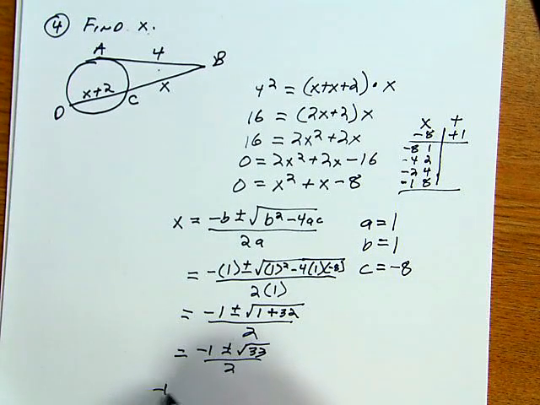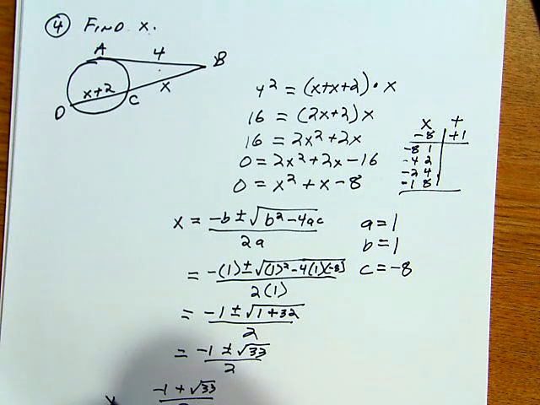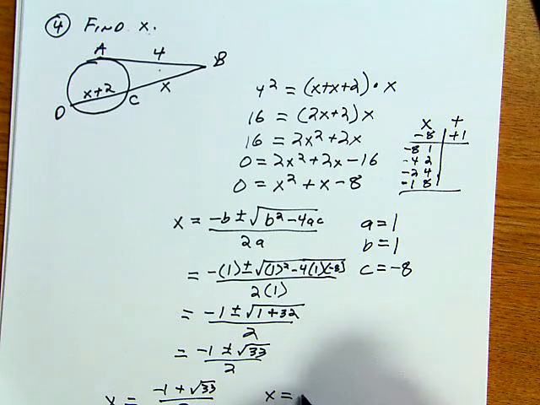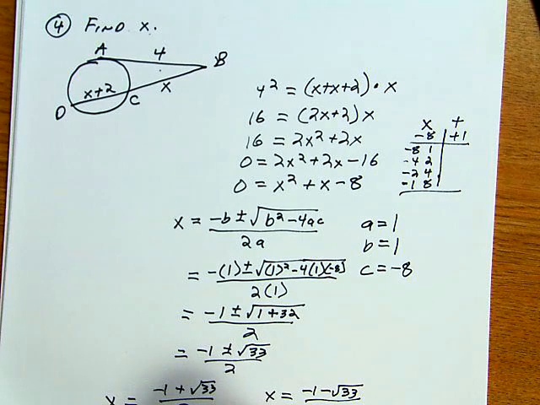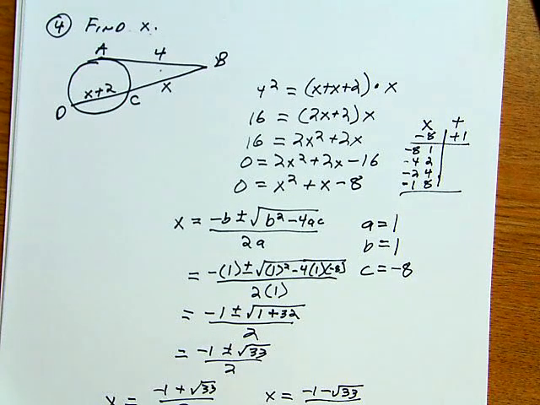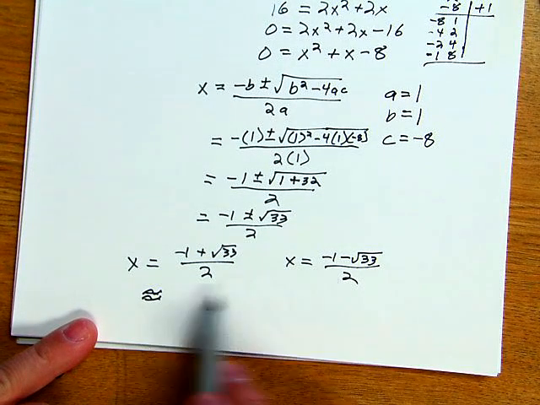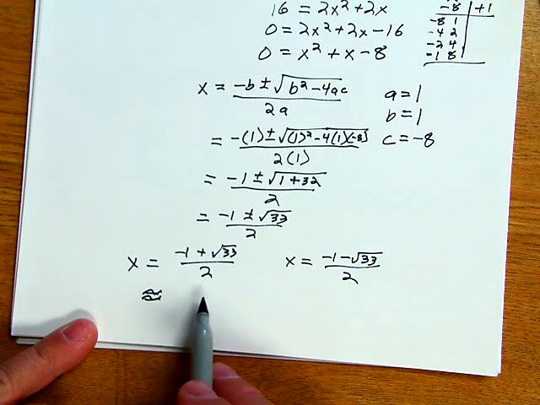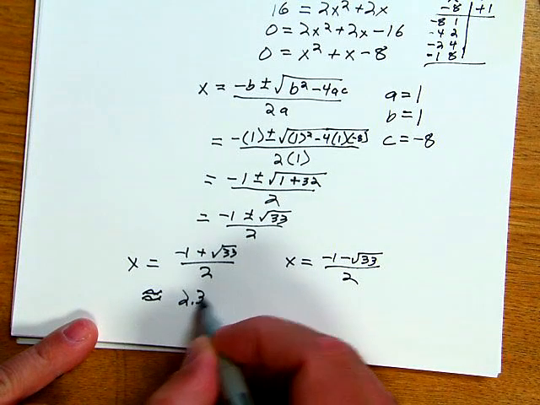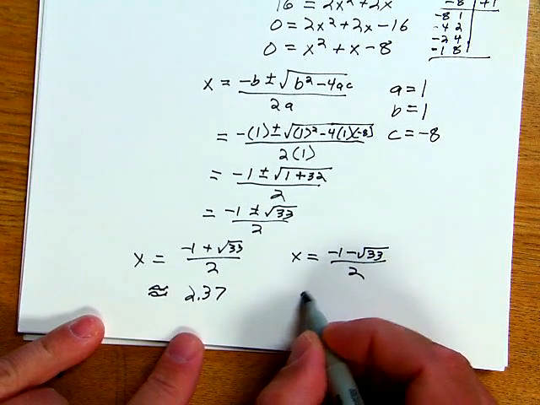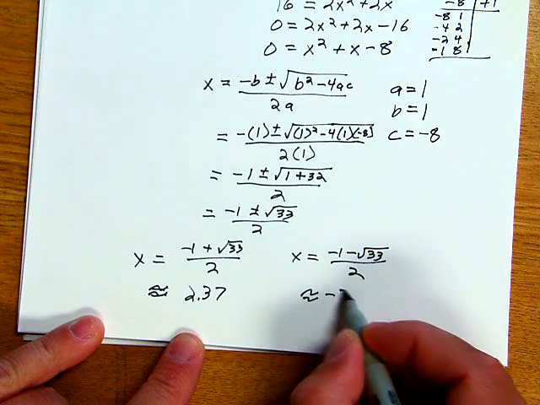I can get that as x equals negative 1 plus the square root of 33 all over 2, and x equals negative 1 minus the square root of 33 all over 2. And if I punch that into my calculator, I get approximately 2.37, and over here I get approximately negative 3.37.